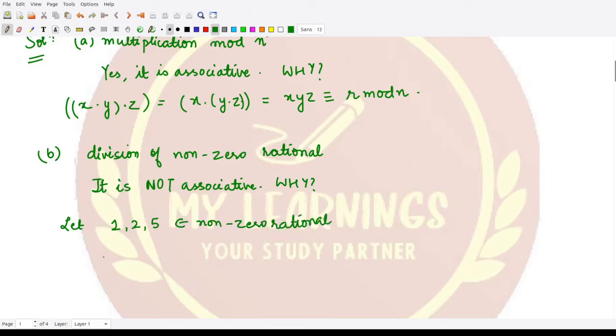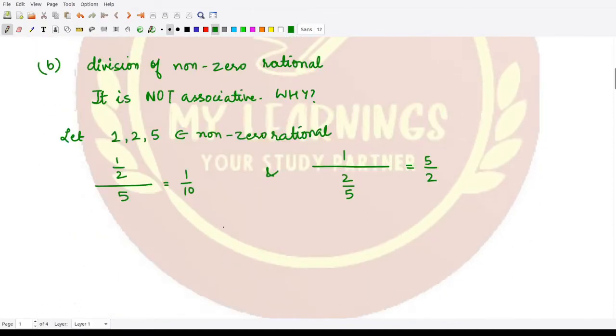If you divide 1 by 2 first and then by 5, you would have the answer 1 by 10. And if you divide 1 by (2 by 5), so that means you first divide 2 by 5 and then divide 1 by that, it would be equal to 5 by 2. So you can clearly see we have 1 by 10 not equal to 5 by 2. Therefore this is not associative.